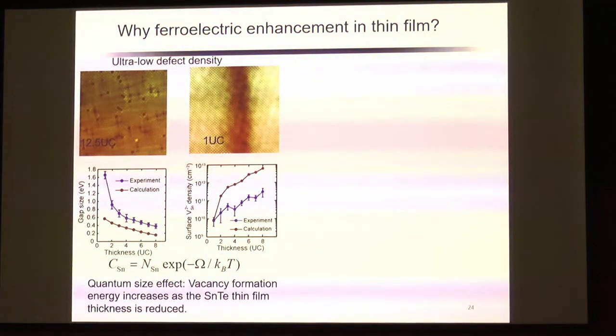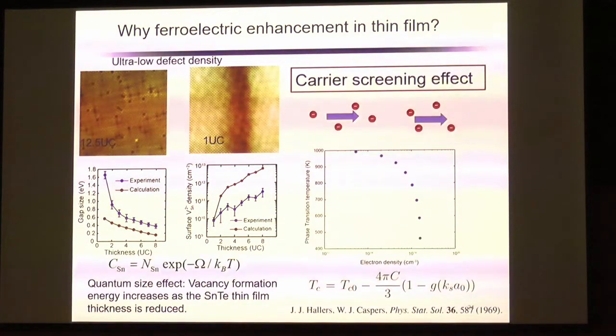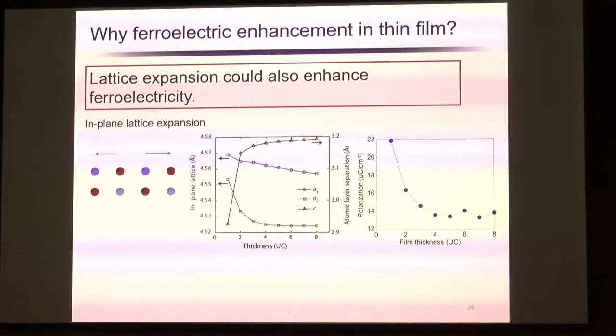That's why when you reduce the thickness, the vacancy density is reduced by more than an order of magnitude. So I think the carrier screening effect is very important. If you have a lot of vacancies, then your TC will dramatically drop. This is already very well known.